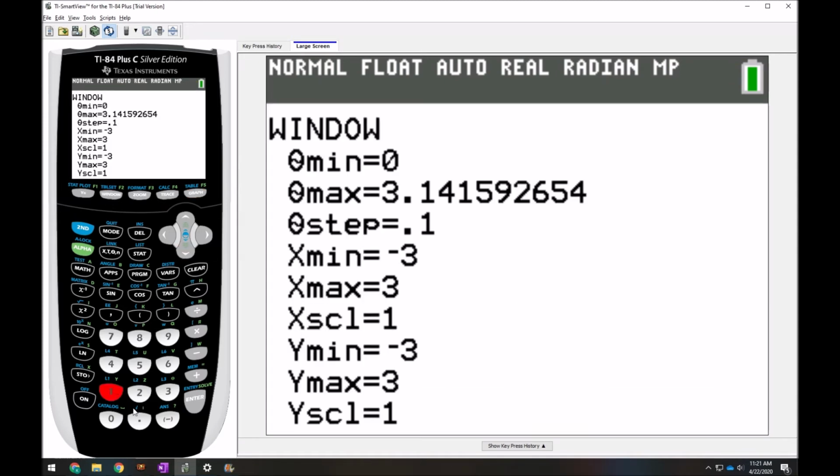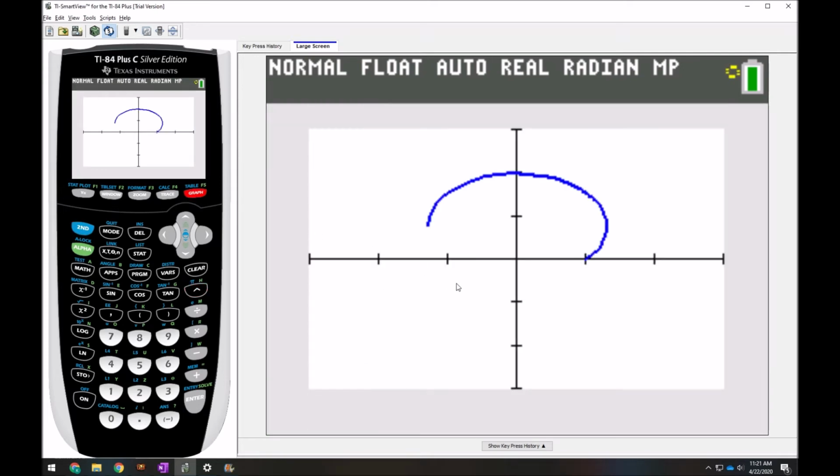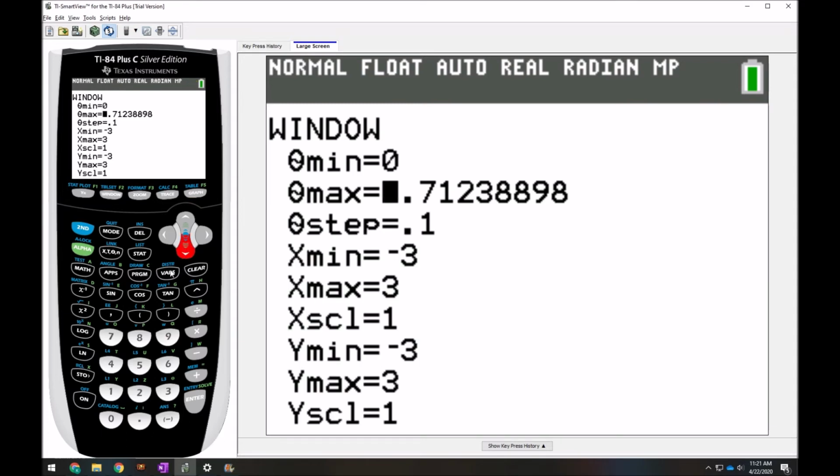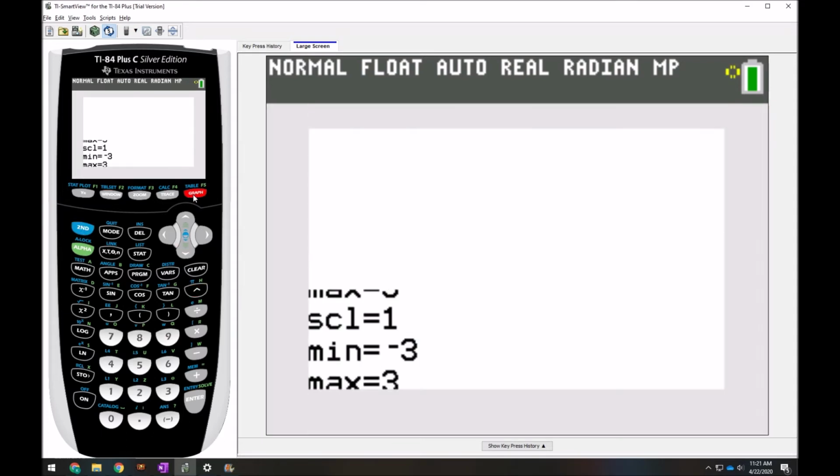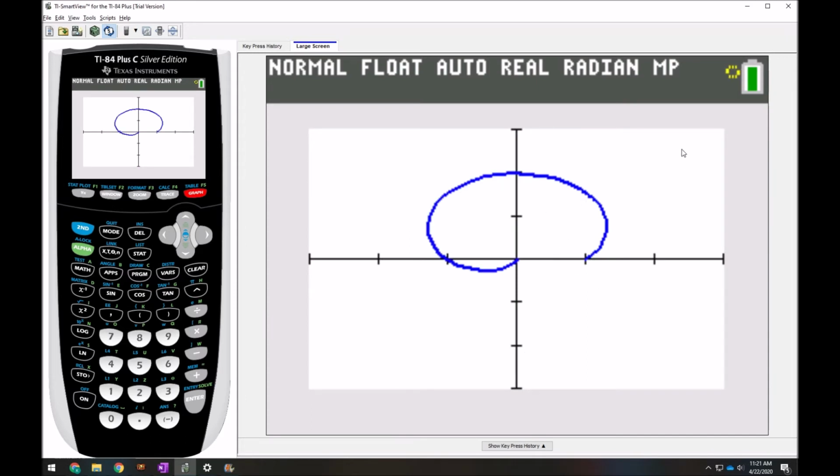Notice that if I do something like 1.5 pi, I still don't get the full picture. I'm still going to stop short. And if I was to do something much larger than 2 pi, like maybe let's say I do 8 pi, I'll see that I'll sketch the full picture and my wheel up here is still spinning. You can see it's kind of like regraphing the same curve over and over and over again. So I only need that 2 pi.